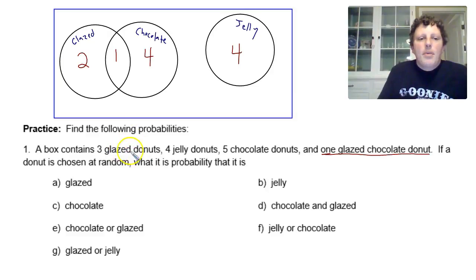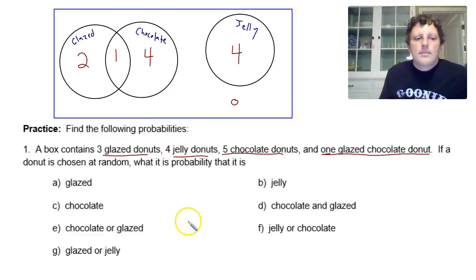Because it says that the box contains these donuts and these donuts only, I'm assuming that there are no donuts in the box that aren't in this group of donuts. So the total number of donuts is 2 plus 1 is 3 plus 4, 7 plus 4, 11. So I've got 11 total donuts in the box, which is kind of strange.